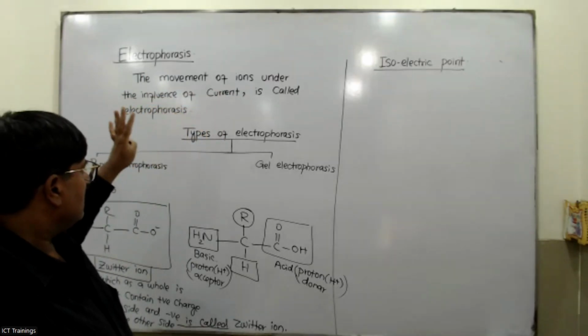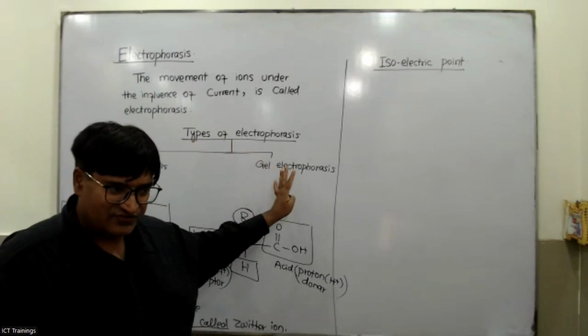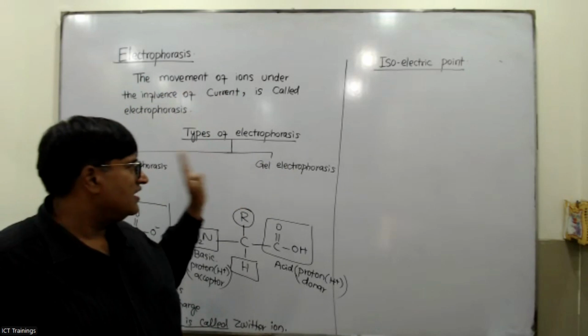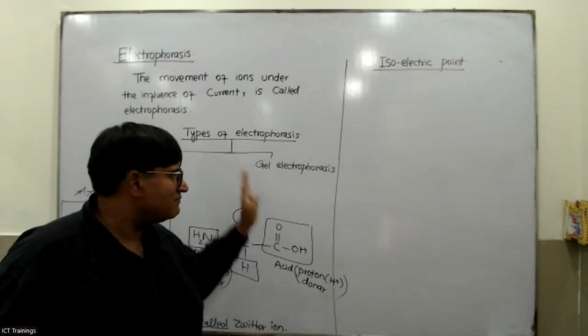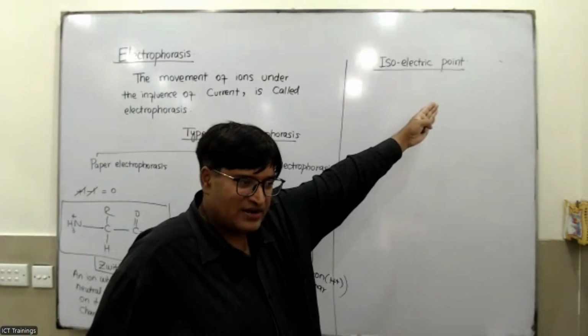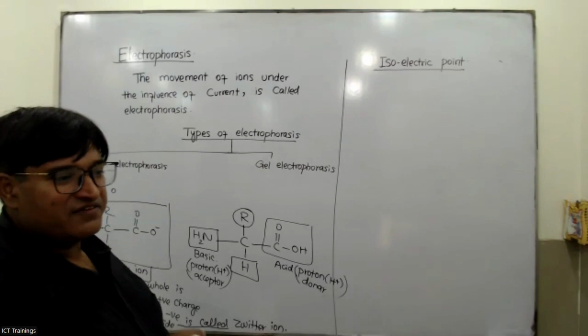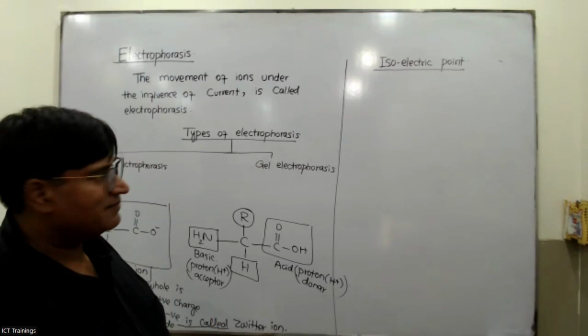There are two types, paper and gel electrophoresis, and we have to discuss the details of these two. But before that, I'm telling you about the isoelectric point, and before that I told you the Zwitter ion, which we discussed before in the amino acid.